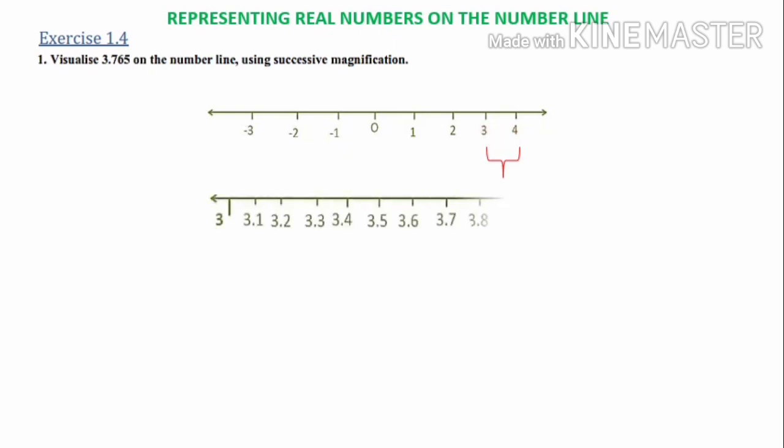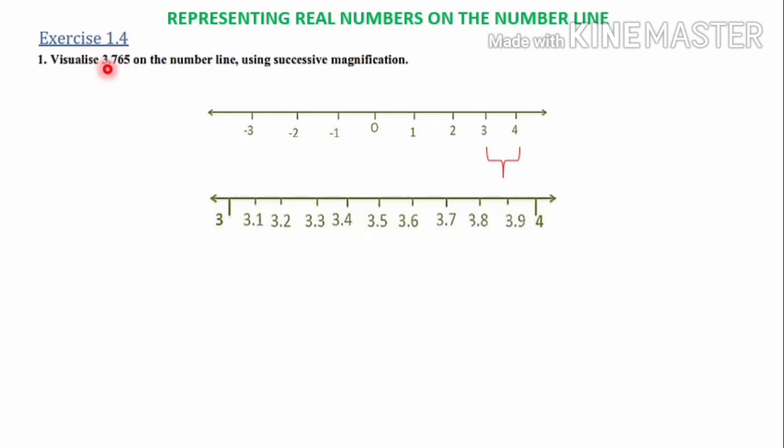So let's represent these 3 and 4 only, and we will divide between 3 and 4 into 10 divisions: 1, 2, 3, 4, 5, 6, 7, 8, 9 and 10 divisions. And it is quite clear that between 3 and 4, if we have 10 divisions, the first part is 3.1 and the second one is 3.2, 3.3, 3.4, 3.5, 3.6, 3.7, 3.8, 3.9 and finally 4.